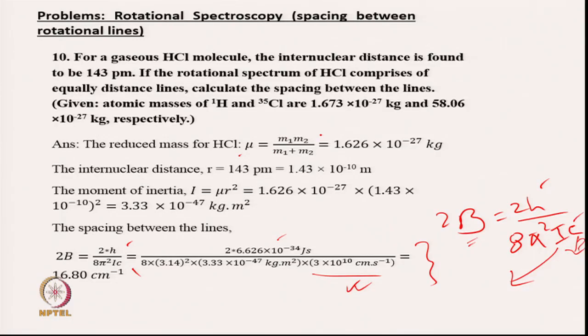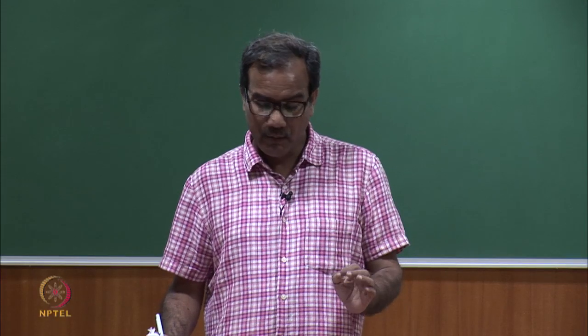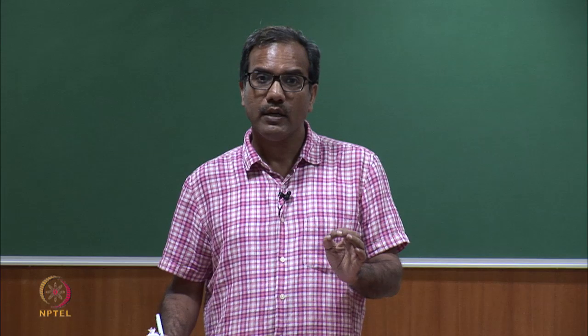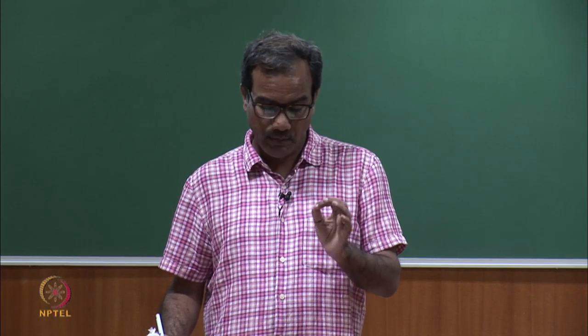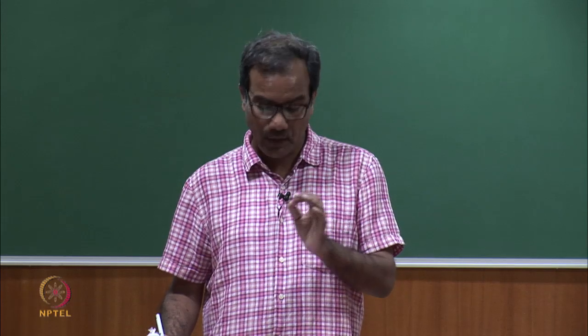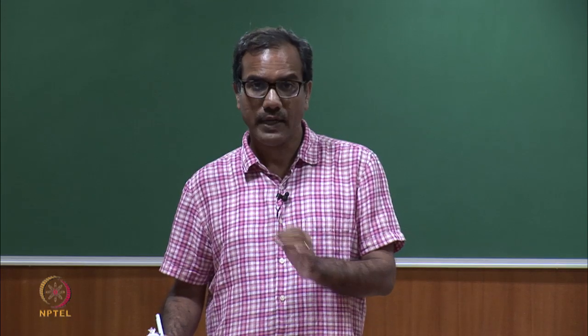Mu is given by m1 m2 divided by m1 plus m2, where m1 and m2 are given here. You can calculate the reduced mass using this formula. One thing you must keep in mind is that m1 is the mass of one molecule or one atom.